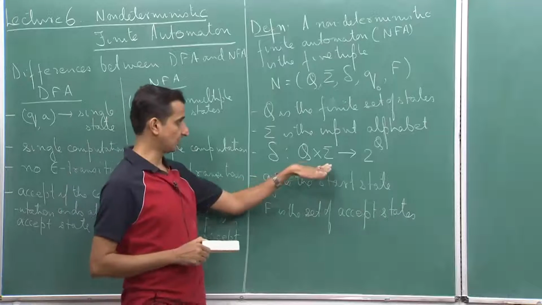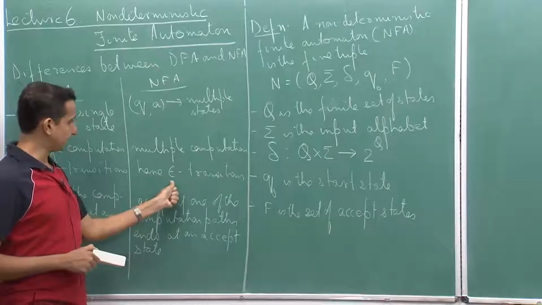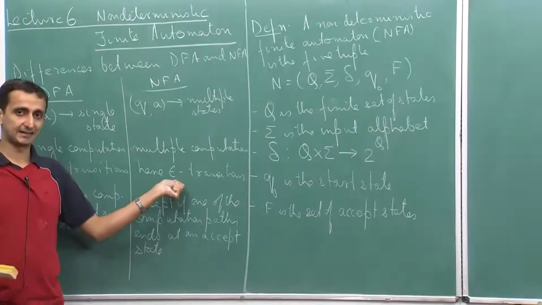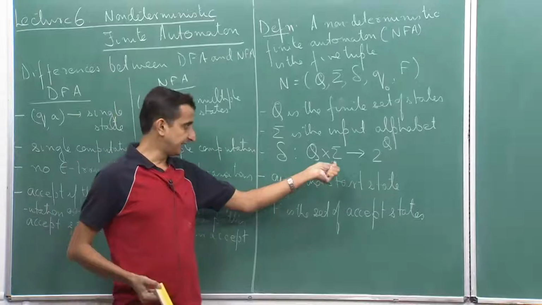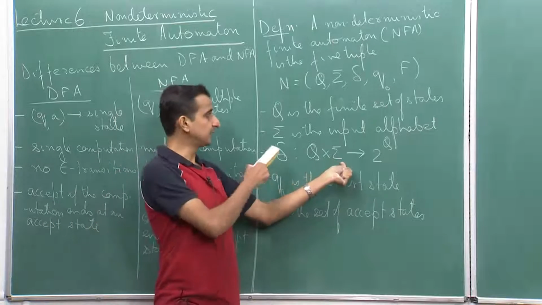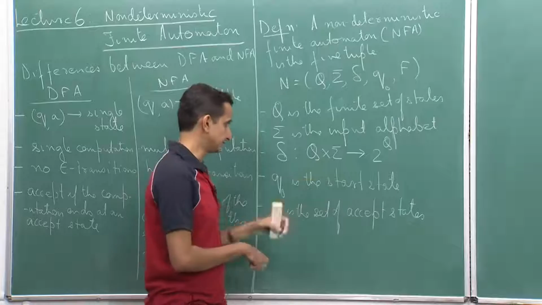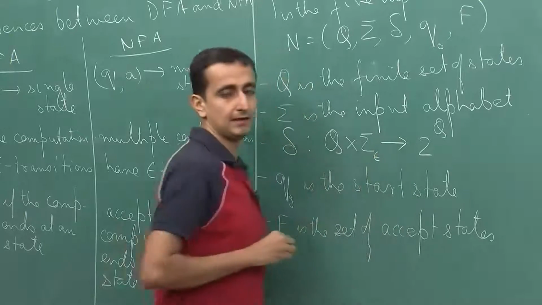But this is not complete, because in the case of an NFA we have epsilon transitions as well, so we need to accommodate for that. From a state q we can see a symbol from the input alphabet, or we can also see an epsilon transition. So, instead of Sigma we will write Sigma epsilon.